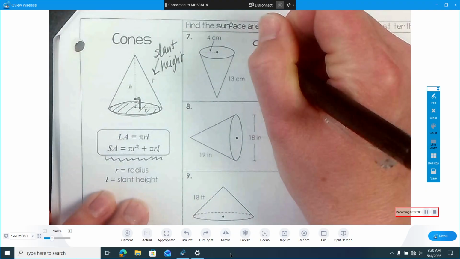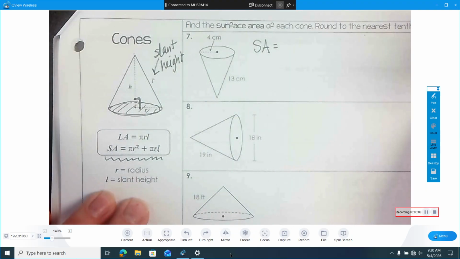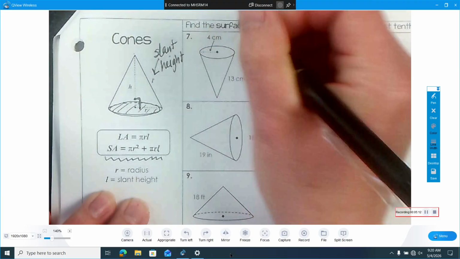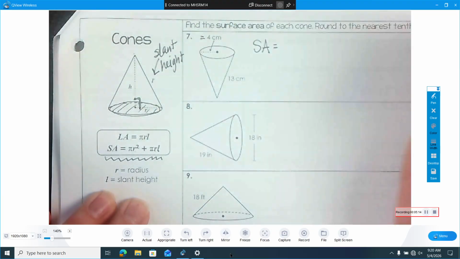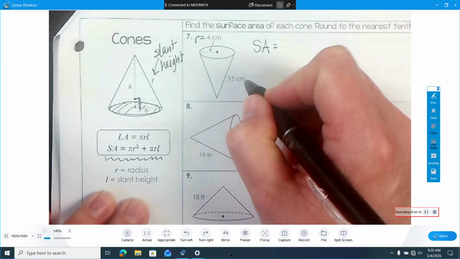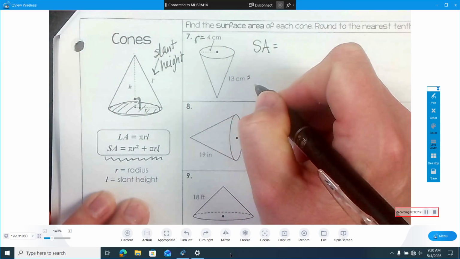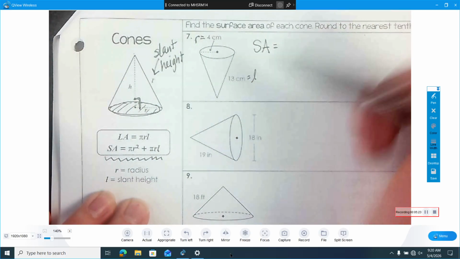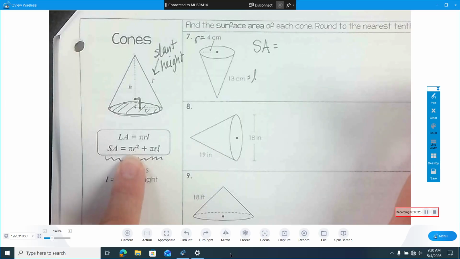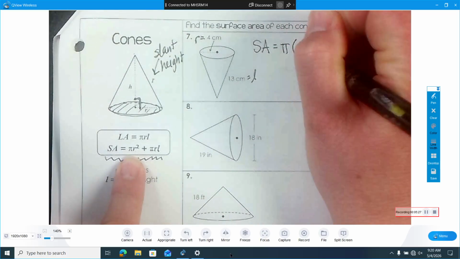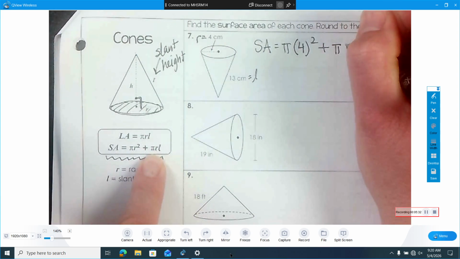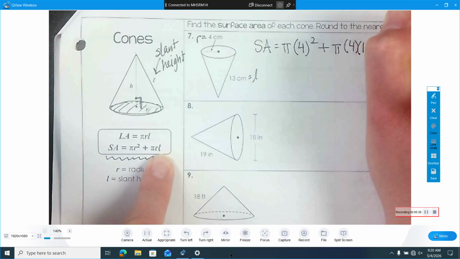So if we want to find the surface area, what does 4 centimeters represent? The radius. And what does the 13 centimeters represent? The slant height. So we just plug it into the formula: pi times our radius squared plus pi times our radius times our slant height of 13.